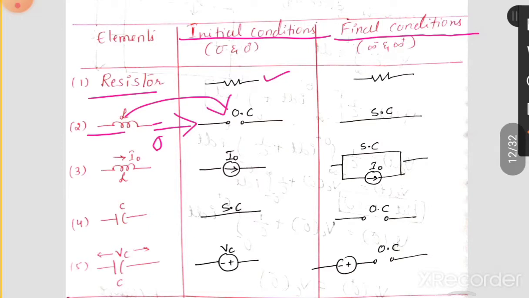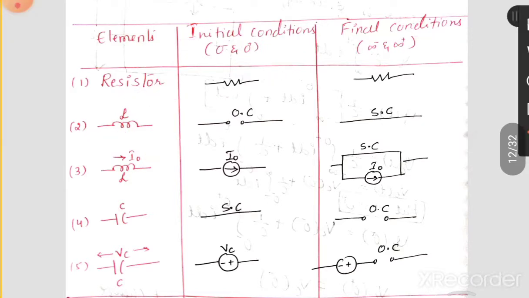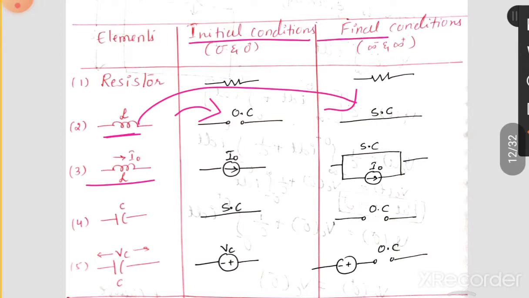Suppose the case is a steady state, like a switch that was closed for a long time; we will discuss this while taking the numericals. Just observe: an inductance with no current has to be replaced by an open circuit in the initial conditions, and the same inductor for final conditions has to be replaced by a short circuit.